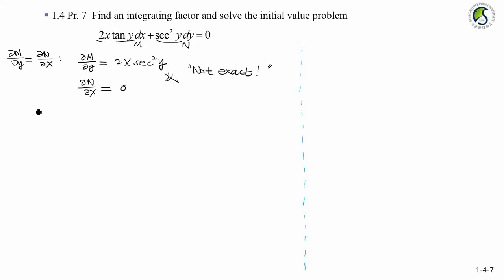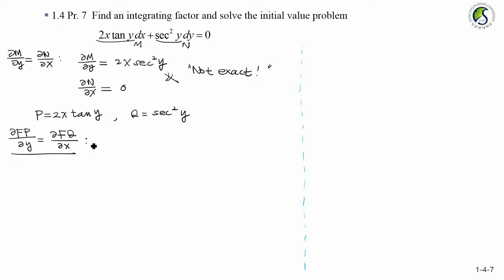So let's assign the M term. Since it is not exact, let's assign P is 2x tangent y, and Q is secant squared y. Then from the exact check condition, this has to be met with the integrating factor f.